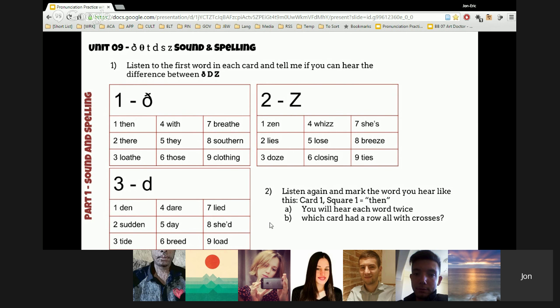Stronger Z. There you go. Very good. Okay. Let me see if I can get 2 that are very similar here. Okay. Wellington. Card 3, word 1, or square 1. Dan. Excellent. Card 1, square 1.